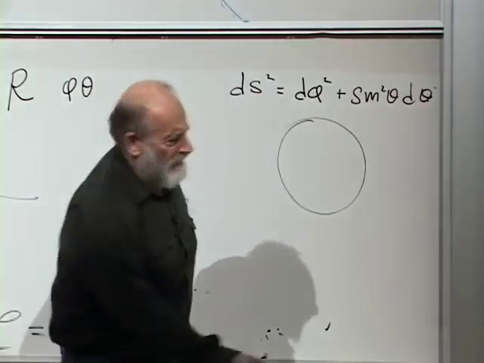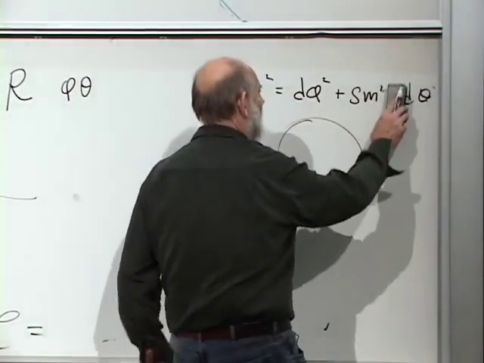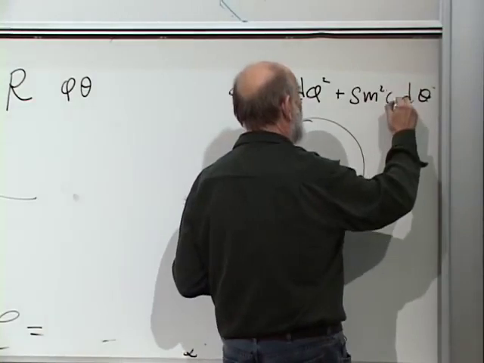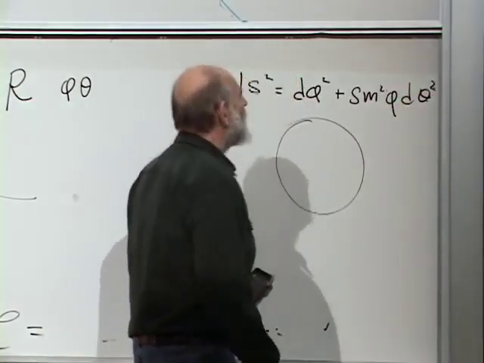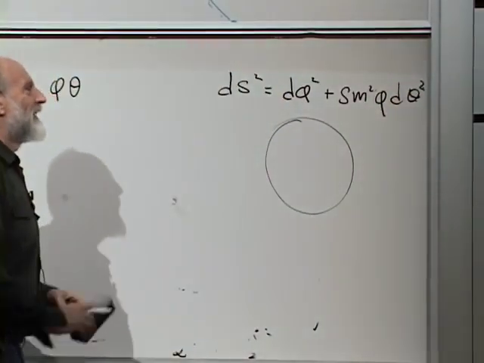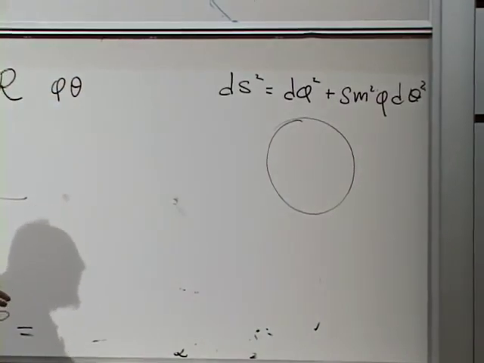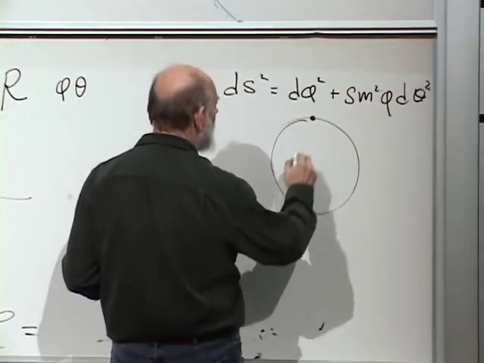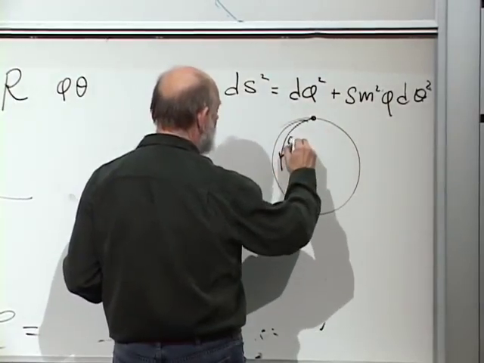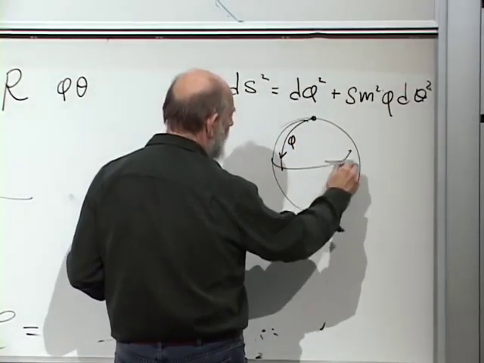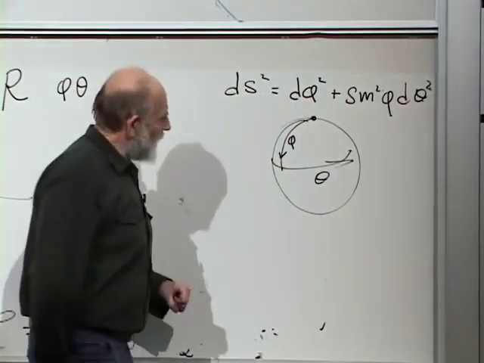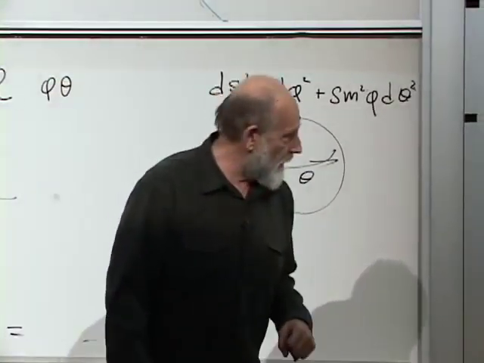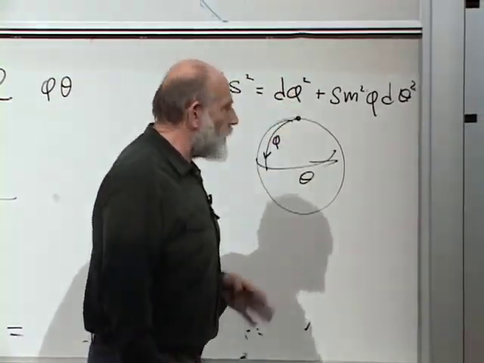So, oh, sine squared phi d theta squared. Good. Do I have it right? Yes. Good. All right. So here's the North Pole. Phi is measured relative to the North Pole, and theta is measured around the equator. This is the metric of a unit sphere.